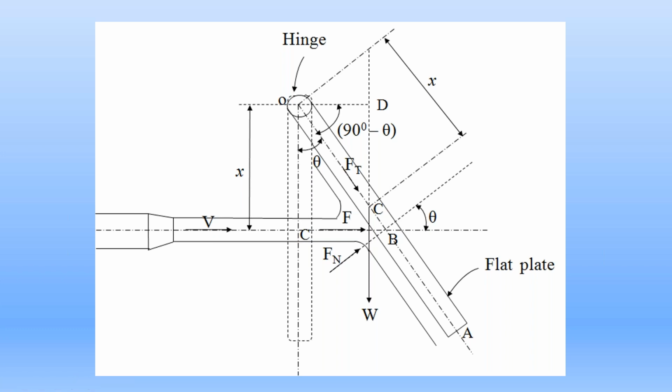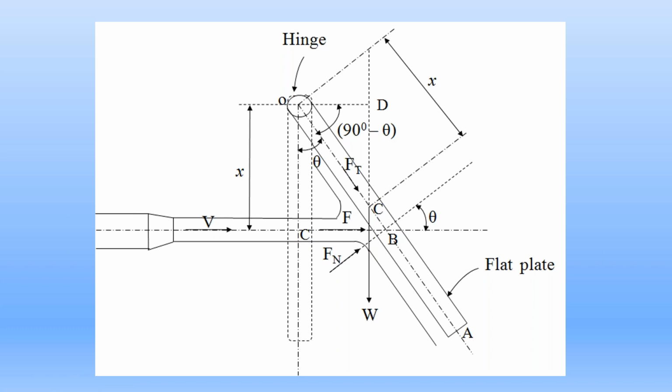So the normal component Fn acting at point B perpendicular to the metal plate is F cos theta, that is rho A V square into cos theta. Then the tangential component, that is the component along the axis of the metal plate, Ft is equal to F sin theta, that is rho A V square into sin theta.